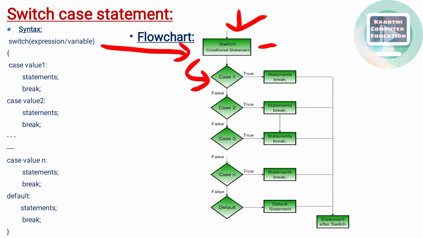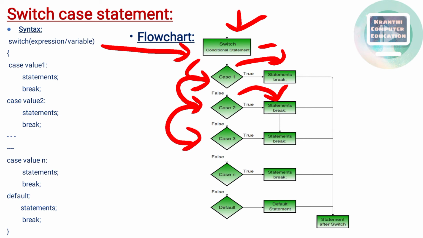If the switch value matches the case value, then it is going to execute the block of case 1 and break. If it is not matched, then it goes to check case 2. If it is matched, then it executes that particular block of statements. If it is not matched, it goes to the next case value.